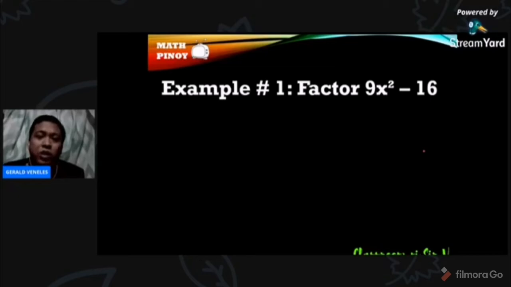Next condition, dapat ang exponent ng literal coefficient ay even numbers. Ano ang exponent ng literal coefficient dito, which is x? Tama, 2. So, pasok pa rin siya. And the last condition is, dapat ang nagsiseparate na operation sa kanila ay subtraction.